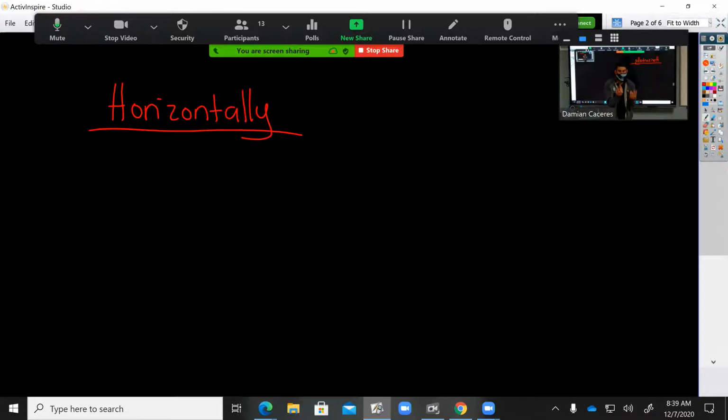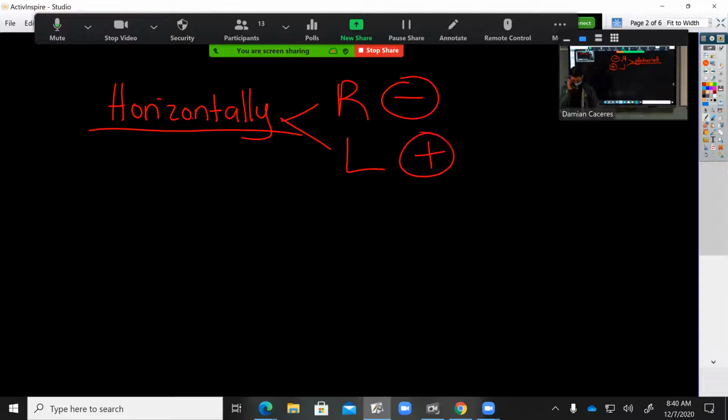So horizontal moves in what 2 directions? Right and left. But now, here's something you have to pay attention to. Everybody forgets this. Horizontal is always backwards. So right usually is positive numbers, but horizontal is backwards. So right is going to be minus, left is going to be plus.